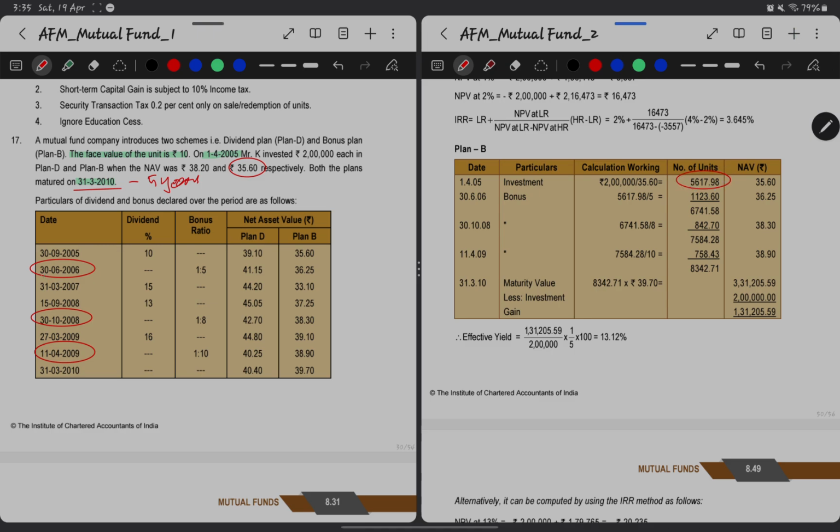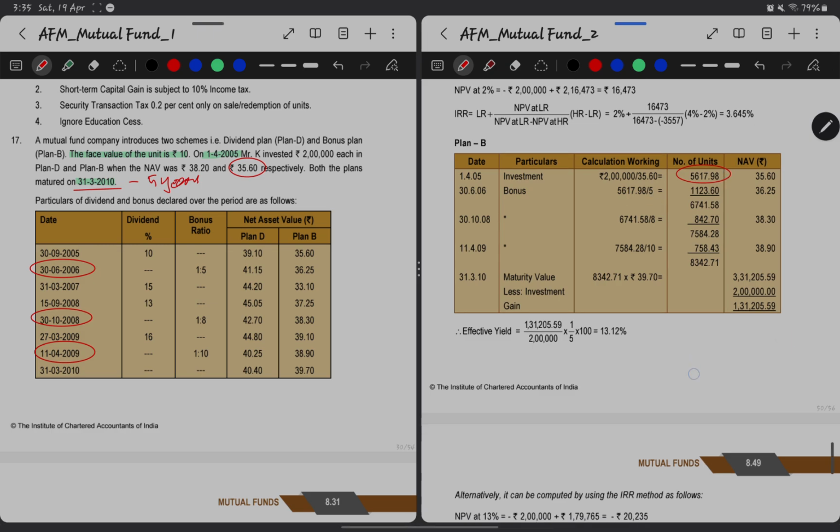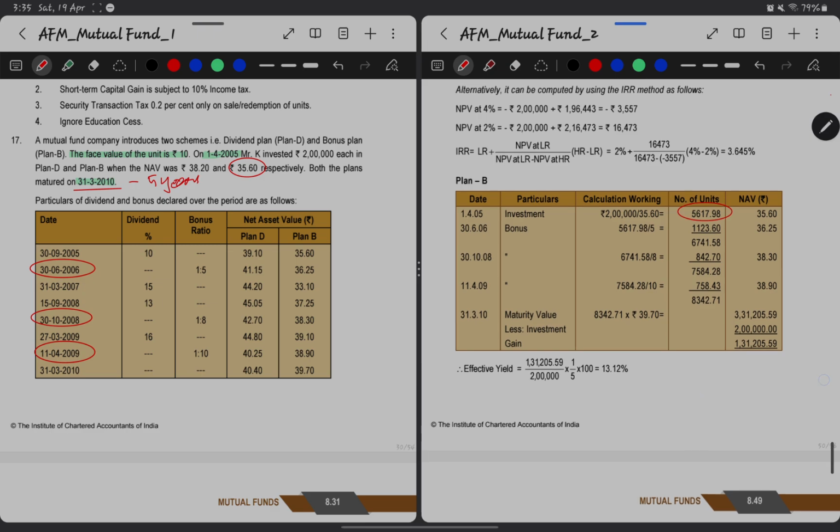After that, the first bonus happened on 30/6/2006. On that, 1:5 is the ratio. The balance units is 5,617.98, and the opening units divided by 5 multiplied by 1 will be the new units to be added, which is 1,123.6.